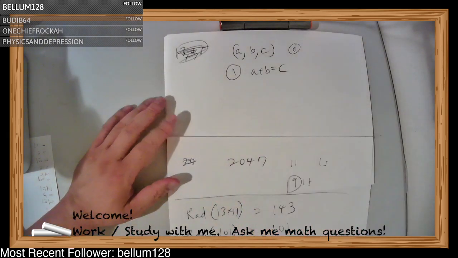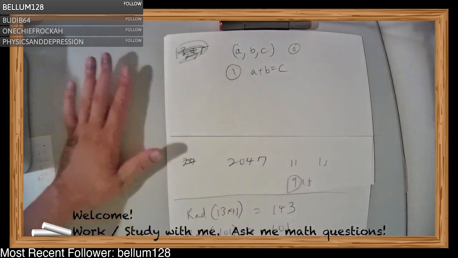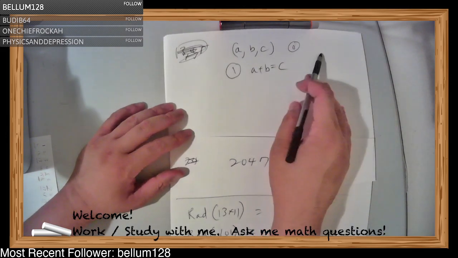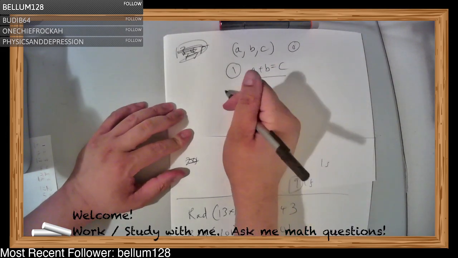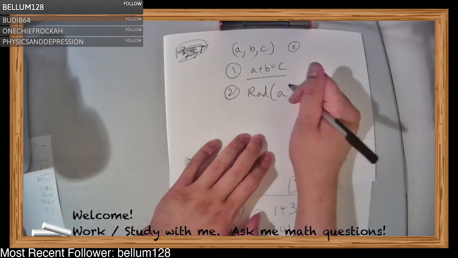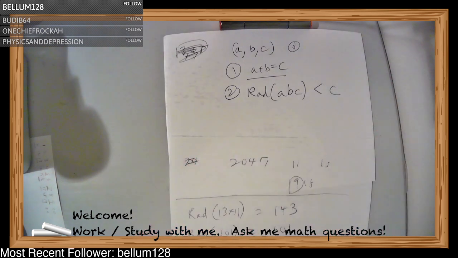So I already messed up big time. But anyway, A, B, and C don't share factors. They're what we call coprime, I think. Then, condition one, A plus B equals C, and condition two, rad of ABC is less than C.